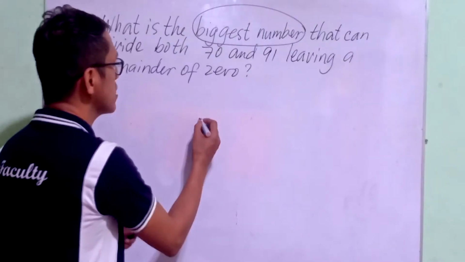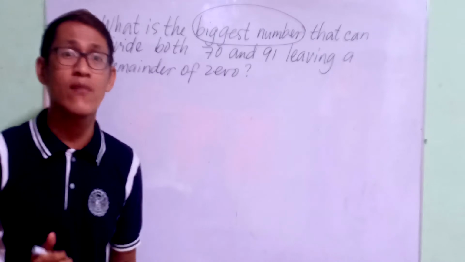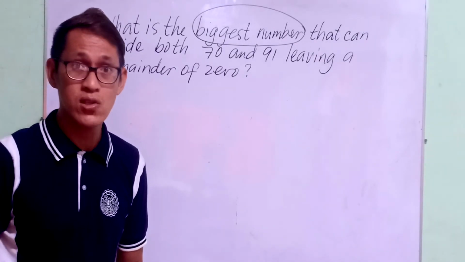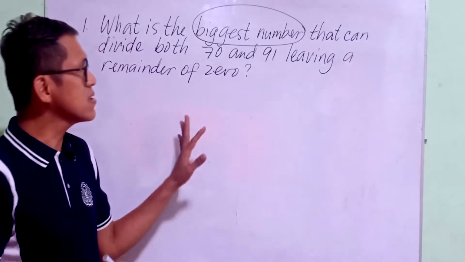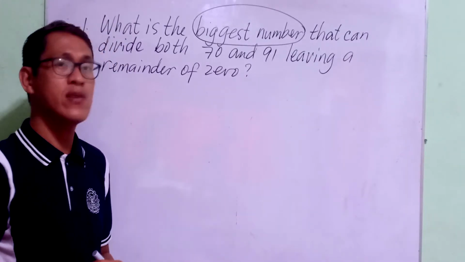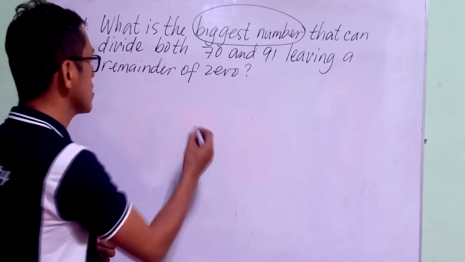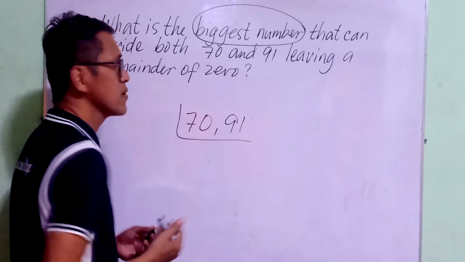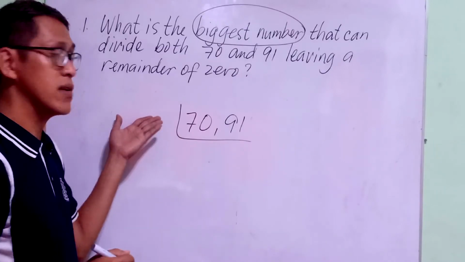You may use either of the two ways, the listing method or the continuous division process. But since I don't need the common factors, let me use the continuous division process. Again, you can start with any number.